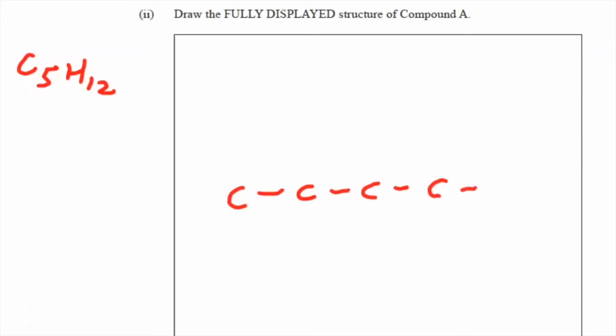Part 2, draw the fully displayed structure of compound A. So the molecular formula is C5H12. This is a saturated hydrocarbon, so we'll draw our 5-carbon skeleton and we adorn them with the hydrogen.